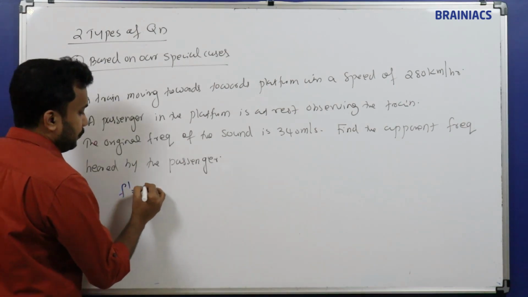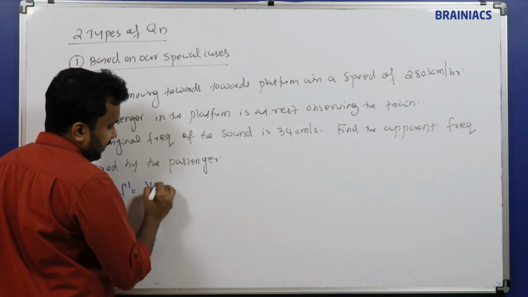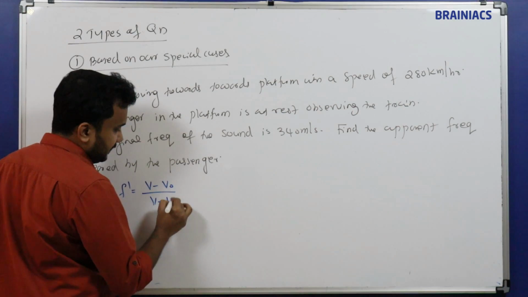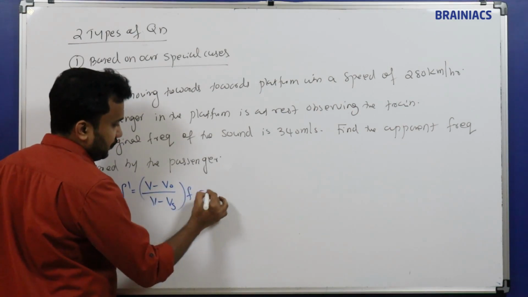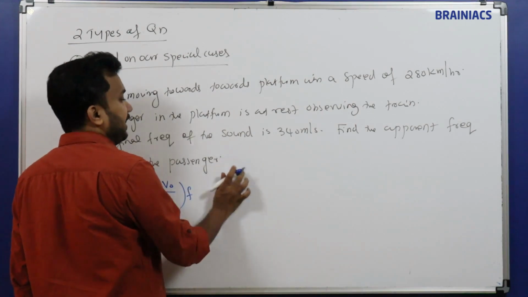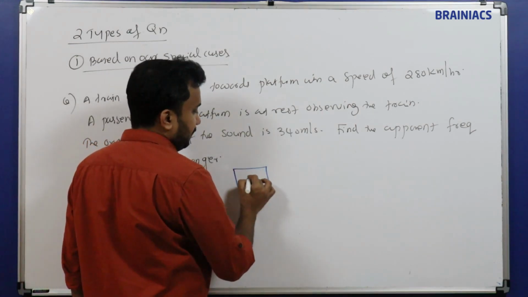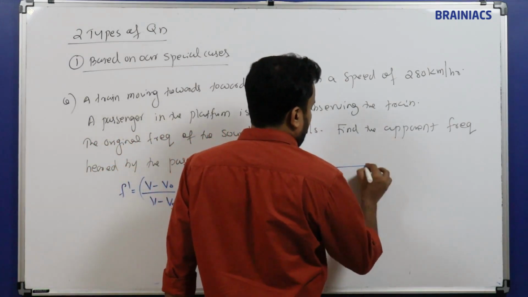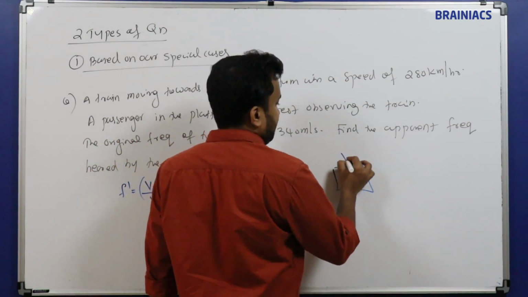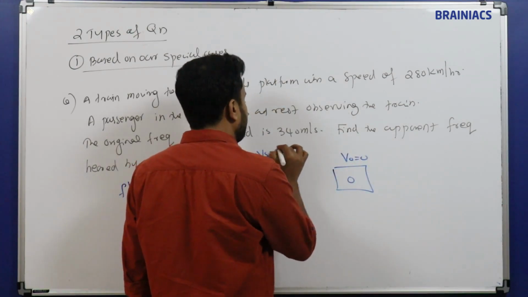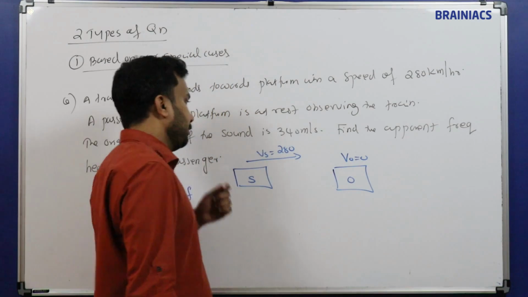F dash will be equal to (V minus V naught) divided by (V minus Vs) into the original frequency. First we need a diagram. This is the train, our source. Then we have an observer at rest, so V naught is 0. The train is moving in this direction, Vs, with a speed of 280 kilometer per hour.